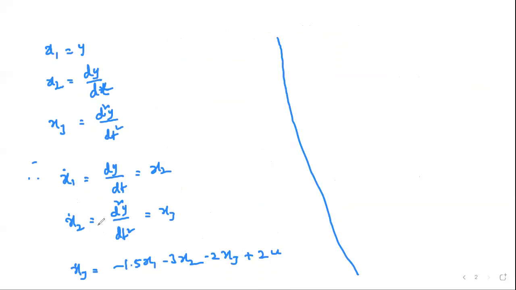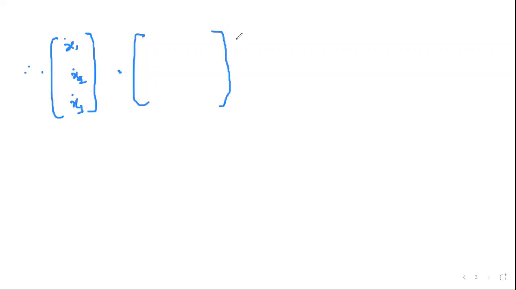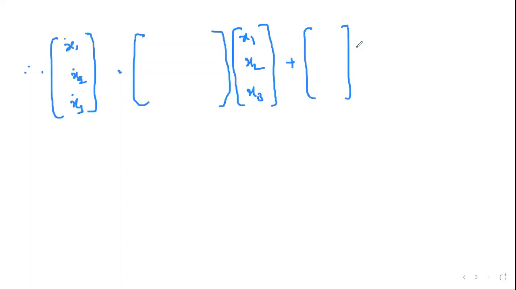Okay, these are the x1, x2, x3 coefficients. Now from these, we can write the equation: x1 dot, x2 dot, x3 dot is equal to a 3 by 3 matrix times x1, x2, x3, plus some input matrix into u. What is the A matrix?